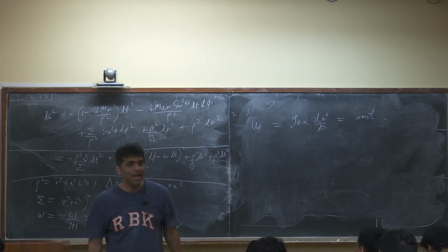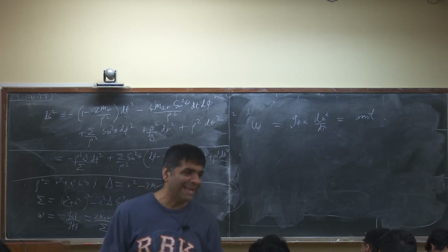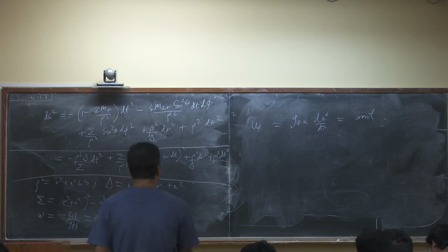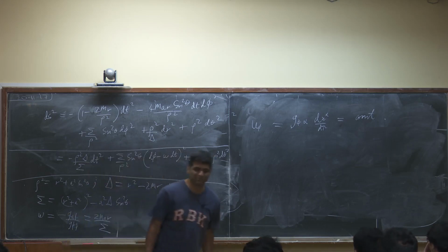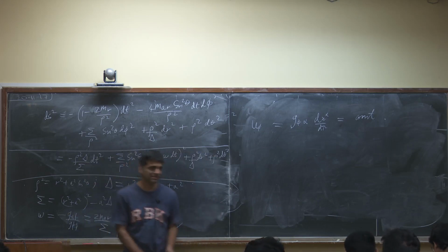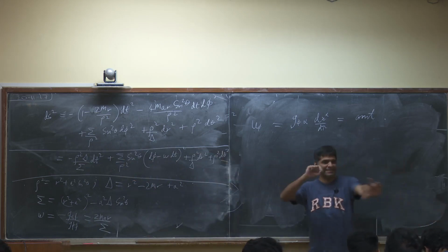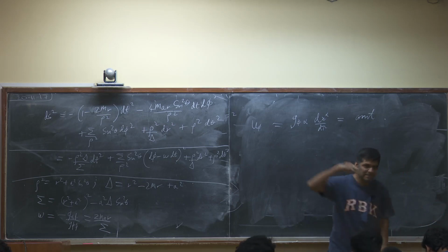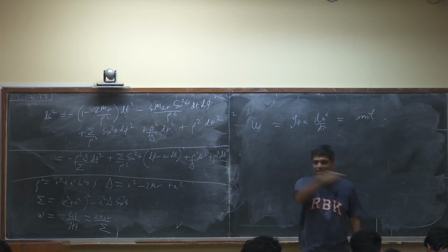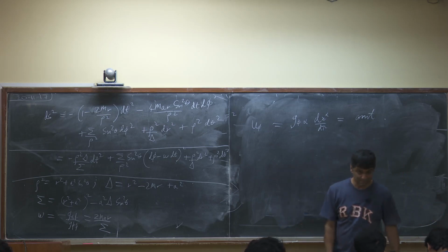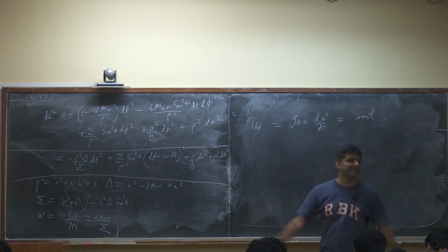Now let us look at the motion of particles which move with angular momentum 0. Suppose I've got a particle which from very far away I send straight at the center, radially inwards. That guy clearly has angular momentum 0.